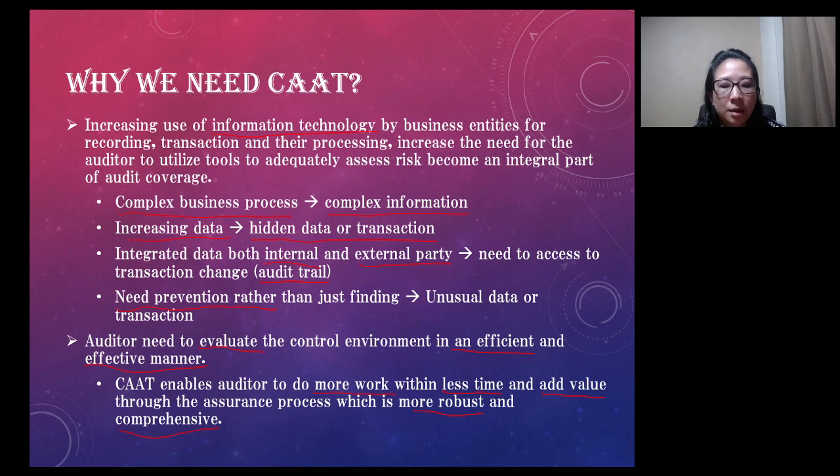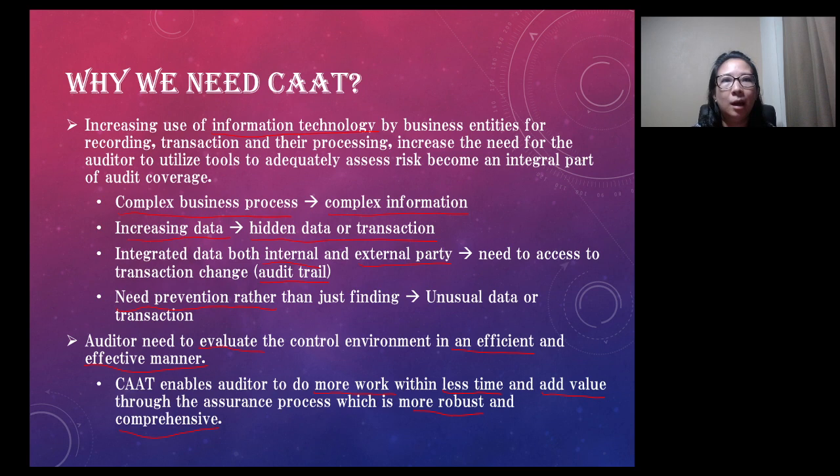Robust here is talking about the information that the auditor collected needing to be more accurate and faster, and comprehensive means that the information is not captured only in one small area, but needs to be captured in the whole company.